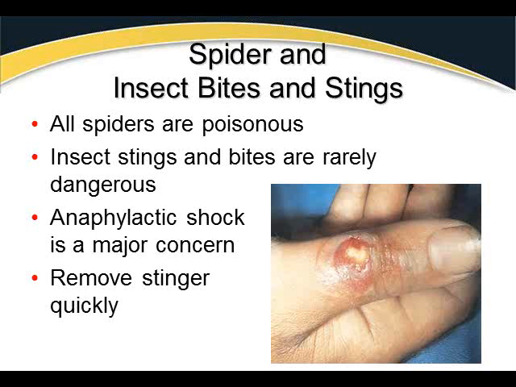So it dies relatively soon after. But removing the stinger, there's a correct way to do that. Scrape the stinger away. Use a knife blade or a credit card and scrape the stinger out. Do not reach down and squeeze it, because when they leave the venom sac behind, if you go down there and squeeze the venom sac, you actually inject more venom.